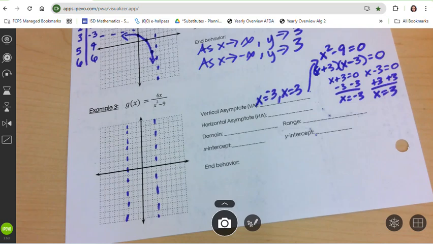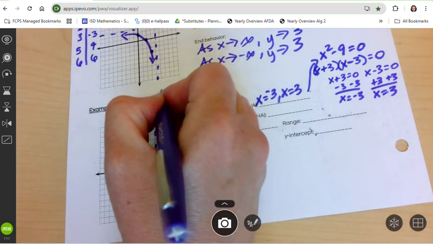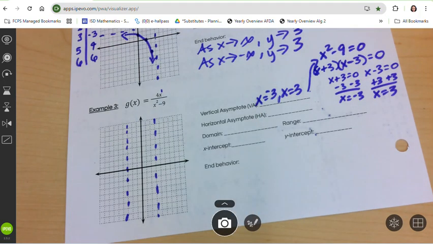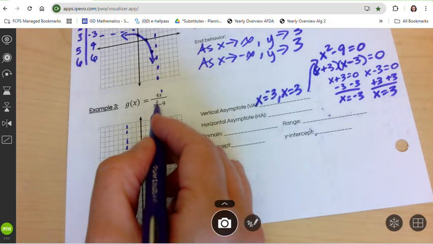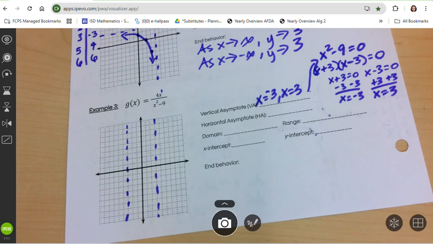Your horizontal asymptote depends on the degrees of the numerator and the denominator. So what is the degree of the numerator? I just gave you a hint. What's the degree of the numerator? 1. Yeah. And then what's the degree of the denominator? 2.